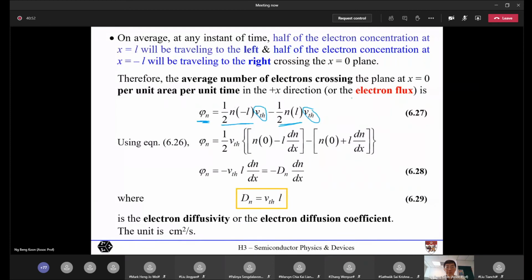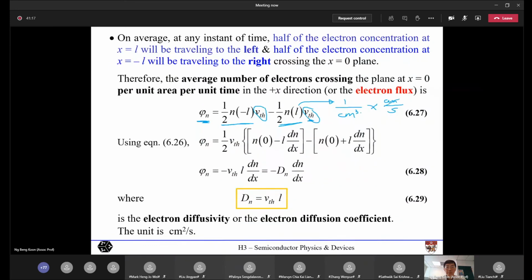In terms of unit, you can work out that it will give you the number per unit area per unit time. Because if you analyze the units, this concentration here is number per cubic centimeter, and the thermal velocity, if you put it in centimeter, is length per unit time.